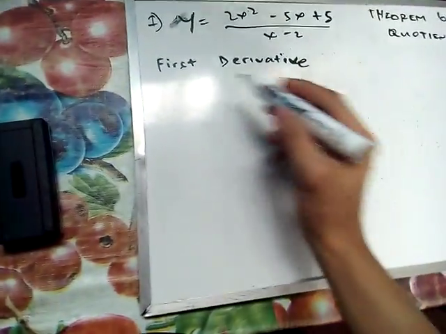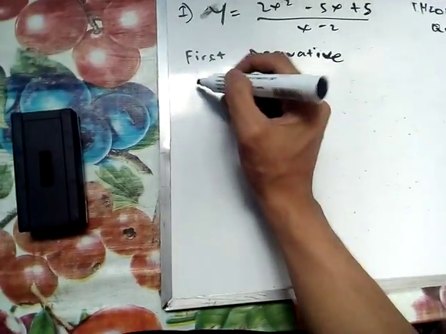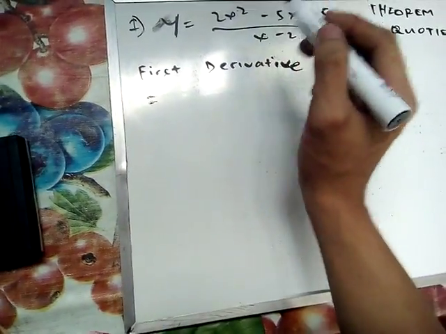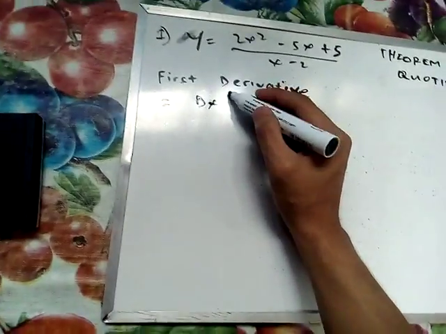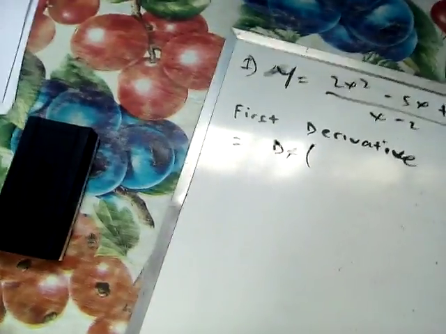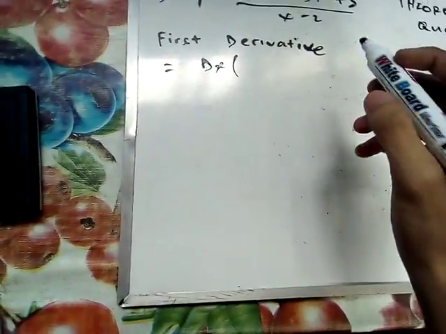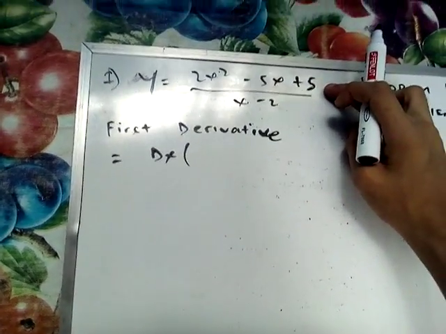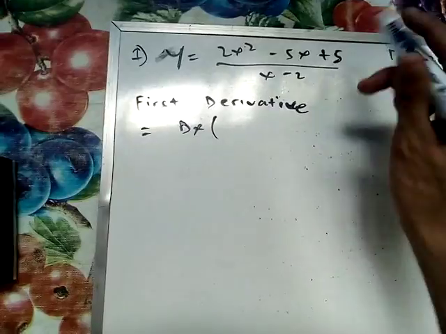so we will proceed now to find the first derivative. This is the property: dx, the derivative of f of x. So the f of x is 2x squared minus 5x plus 5.